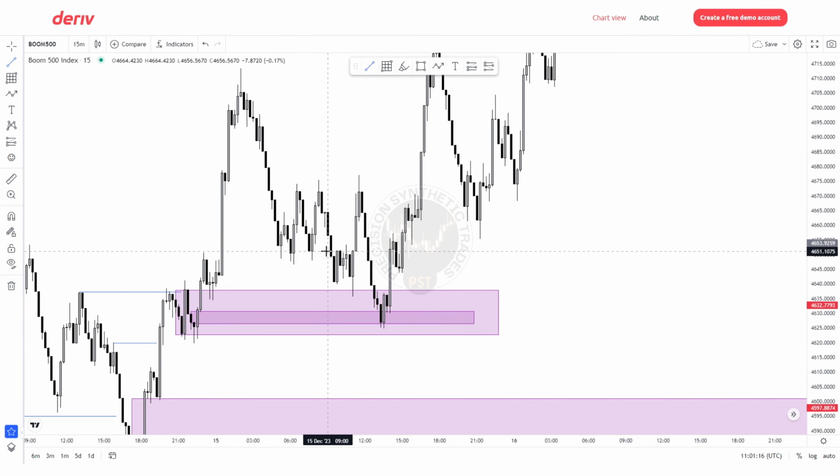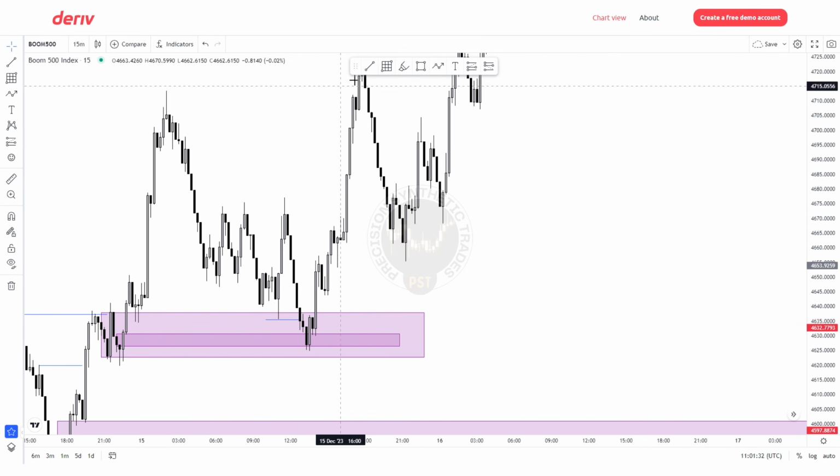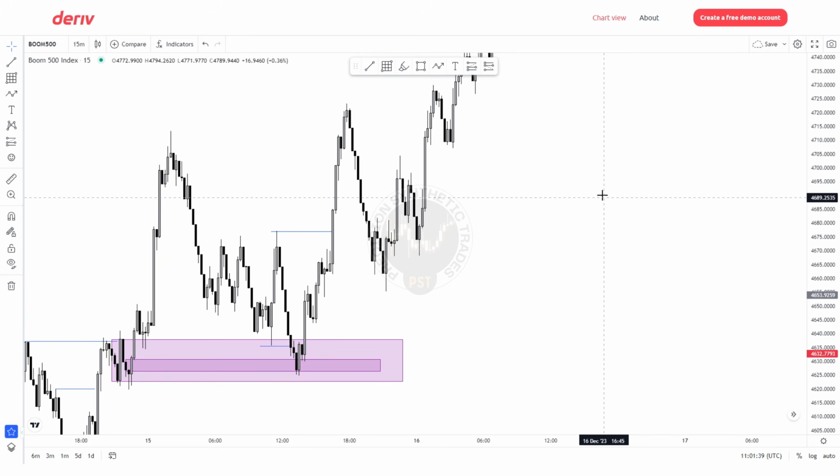But now let's see what happened. All right. So price created an order block, big impulse move. This low was taken out when it entered the point of interest. That's our order block and our fair value gap. We had our market structure shift. And then again, it's a beautiful move.